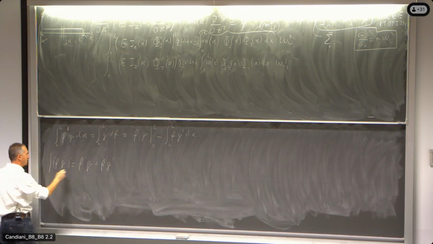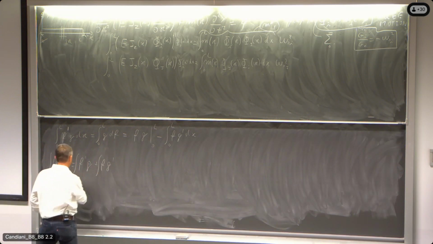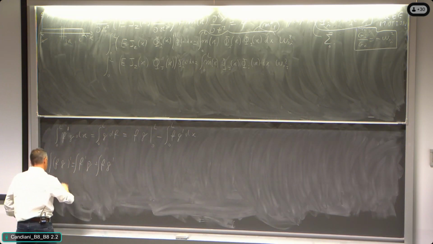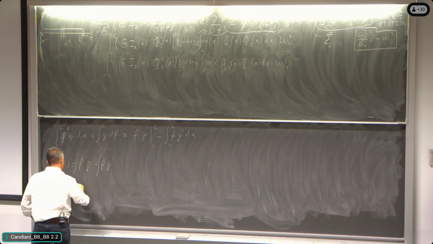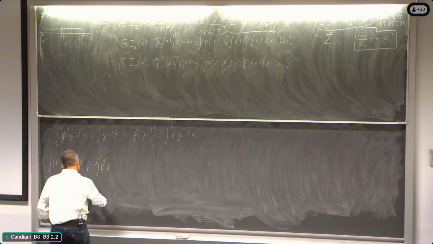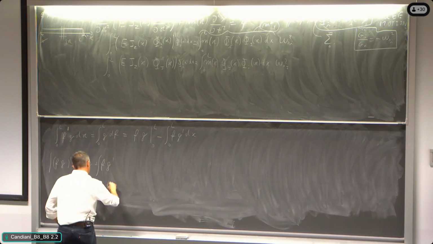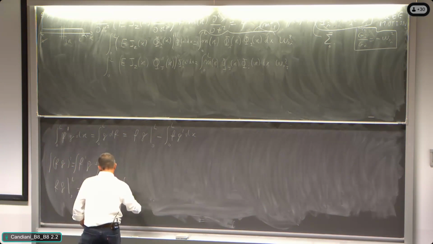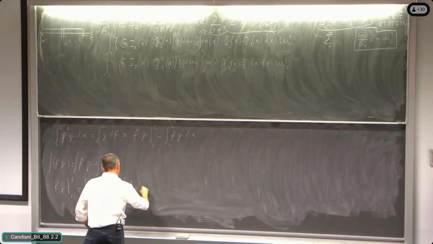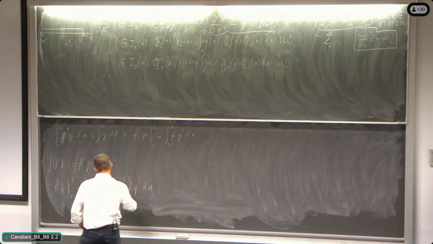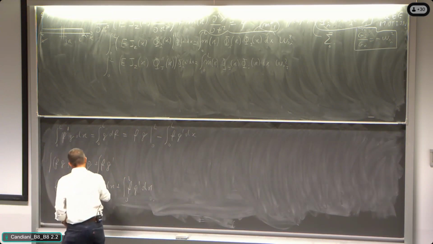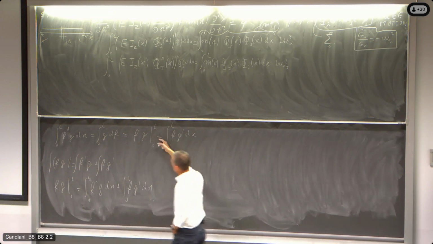You make the integral of this equal the integral of that. This is fg from 0 to L equal the integral of f' g dx plus the integral of f g' dx, from 0 to L. Okay, this is the demonstration.